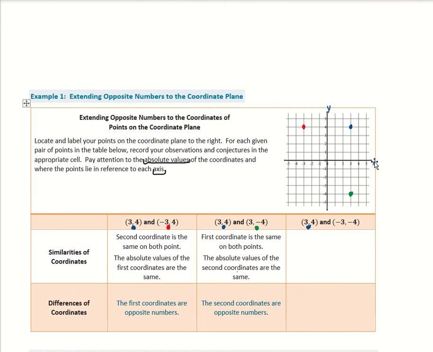We can also talk about that same type of reflection that we had talked about. This time, instead of reflecting over that y-axis, we're going to reflect over this x one. If somebody was standing here on this blue point and they were looking at a mirror that was placed over here on the x, they would see it would look as if someone was standing over here, this far away.